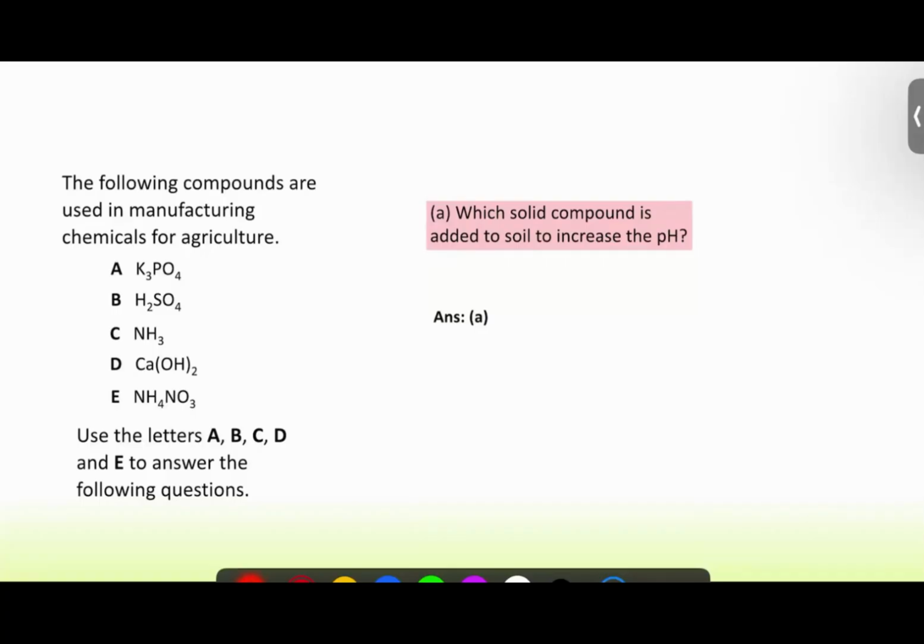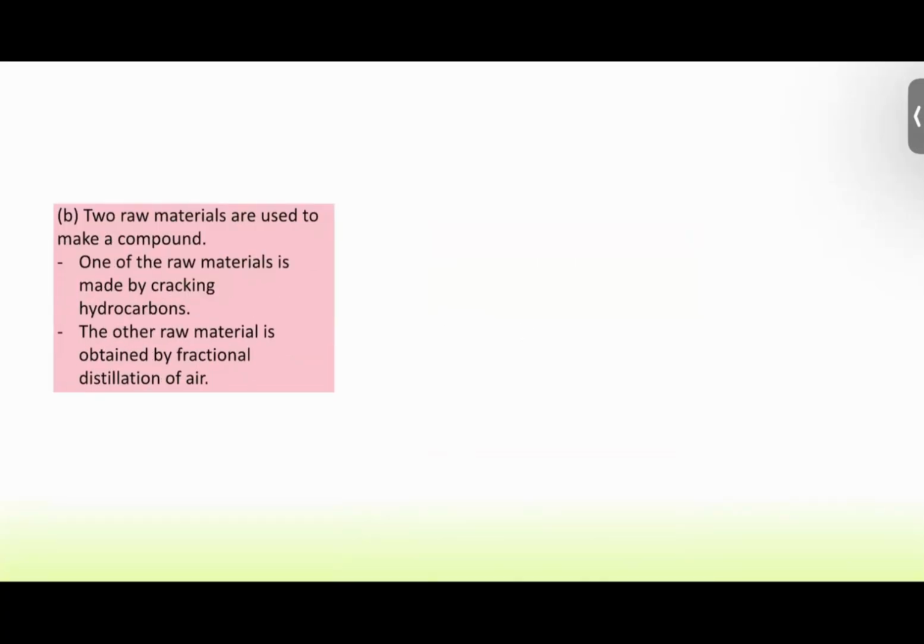Which solid compound is added to soil to increase the pH? If we want to increase the pH, we should add something alkaline. So we will be looking at D, because D is actually calcium hydroxide. Hydroxide is alkaline.